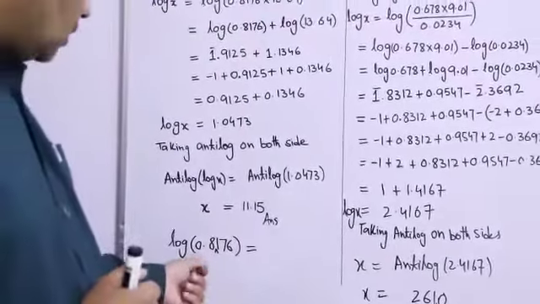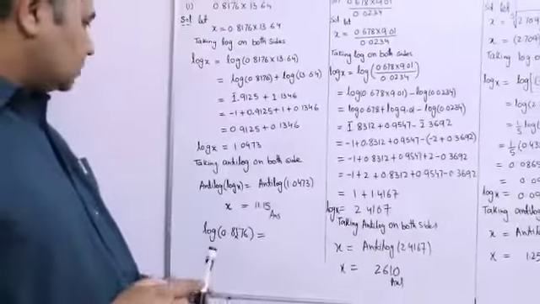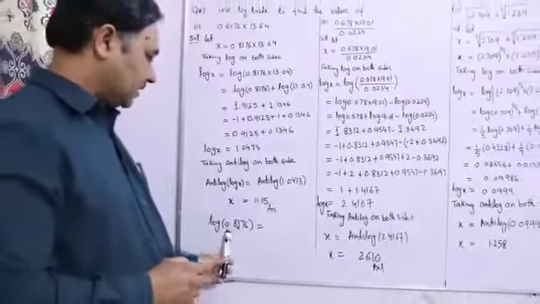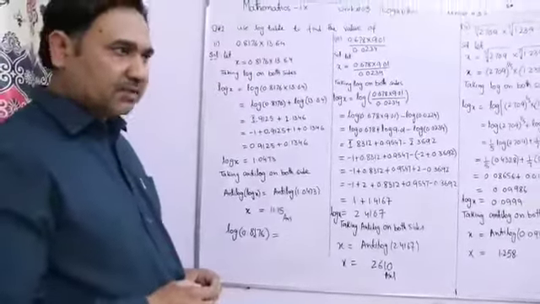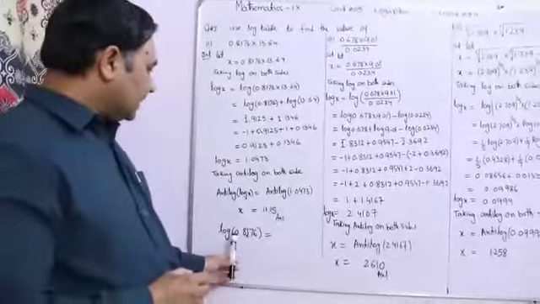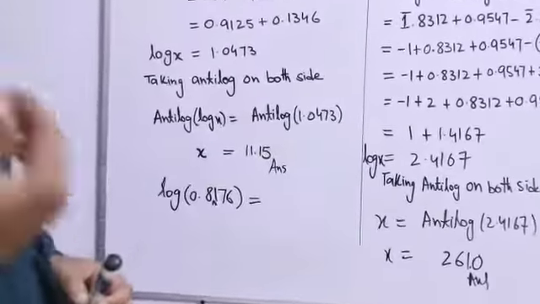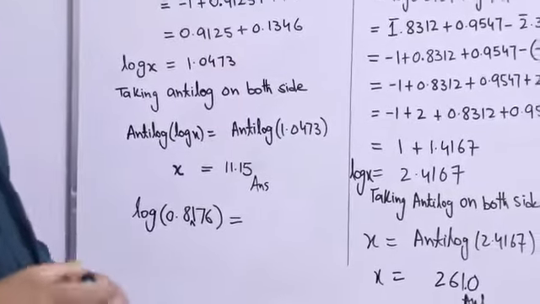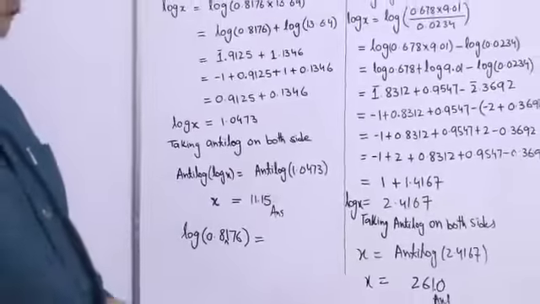And now our decimal point is here, and this value is less than 1. So we want to write the characteristic of this number. When the number is less than 1, the characteristic will be negative, and if the number is greater than 1, the characteristic will be positive.